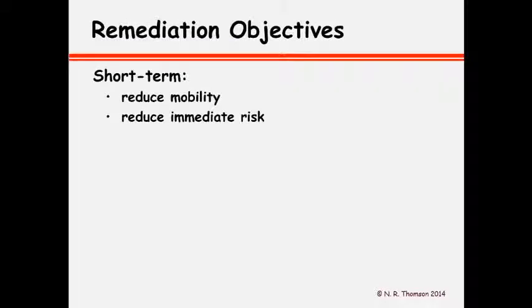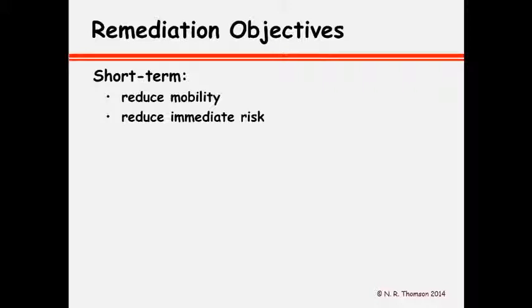There are short-term, long-term, and sort of end-game objectives. Short-term would be to reduce the mobility and reduce the immediate risk. Perhaps there's a non-aqueous phase at the site that is highly mobile, or perhaps a dissolved phase plume is starting to spread off-site.